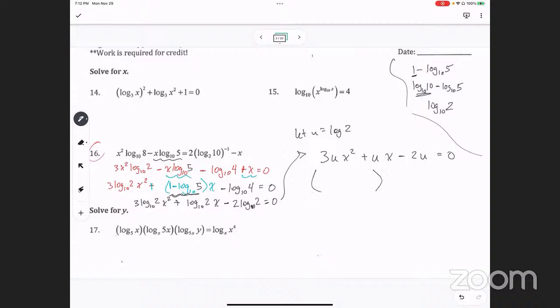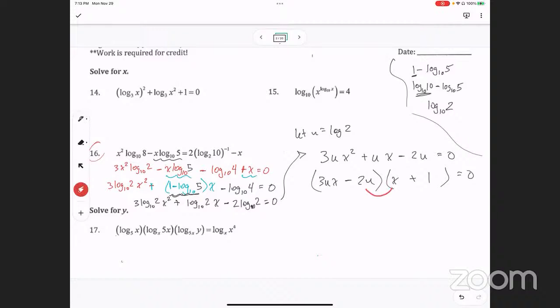So I'm hoping this is going to factor. I'm hoping it factors into 3ux and x, and then I'm going to guess and check here. Minus 2u and plus 1. Do you see what I did?